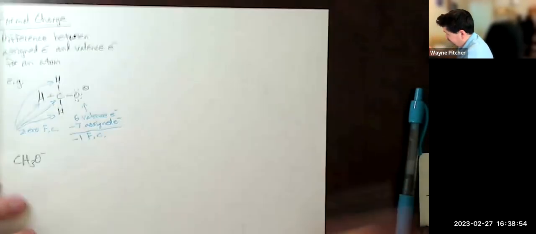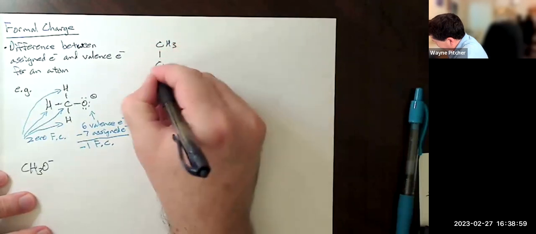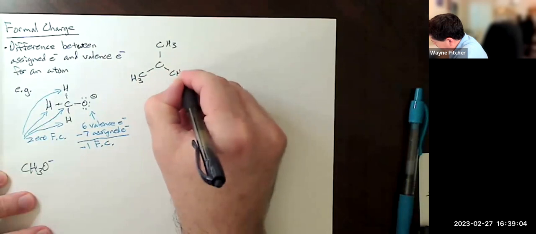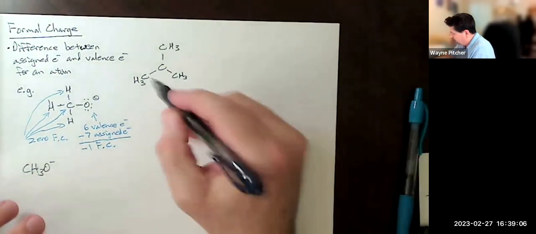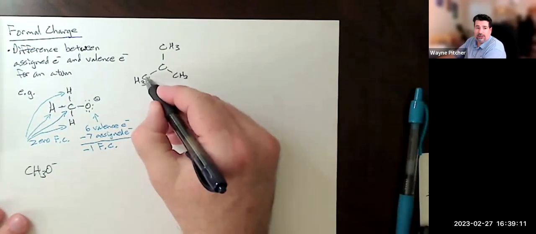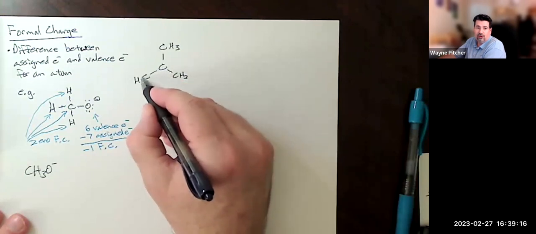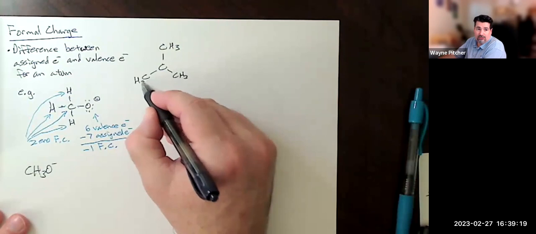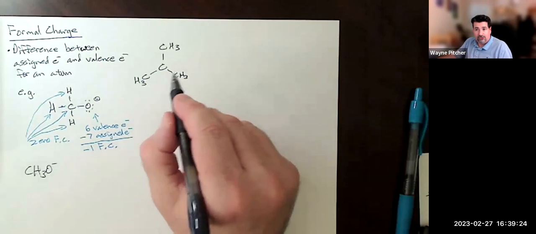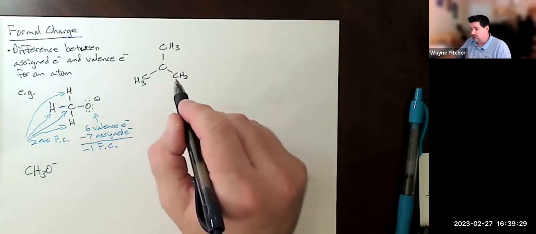We could use this to figure out a molecule like the following. What are my formal charges? Well, I haven't drawn a full Lewis structure here, but that's okay, because I know each carbon is attached to 3 hydrogens and then the central carbon. So that's 3 bonds with hydrogens and 1 with carbons. That's 4 bonds for electrons assigned, 4 valence electrons, so 0 formal charge.